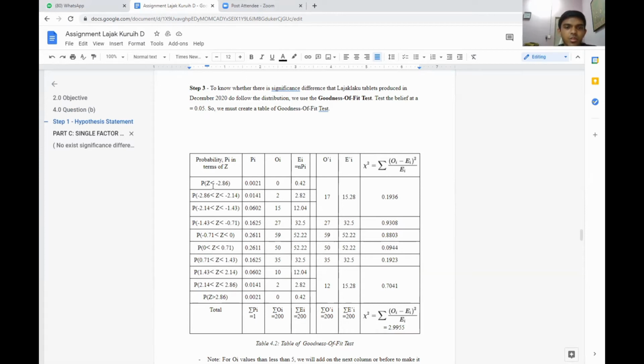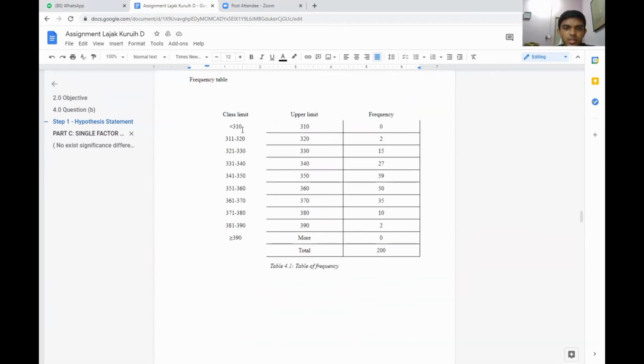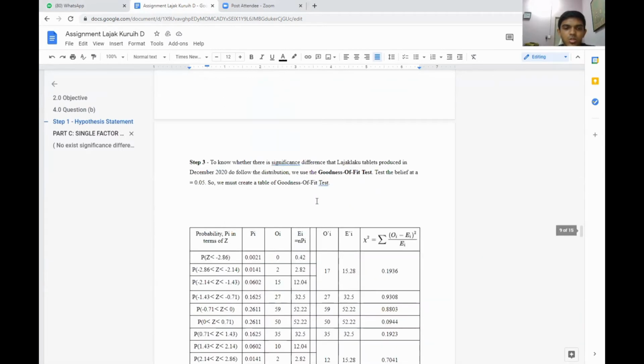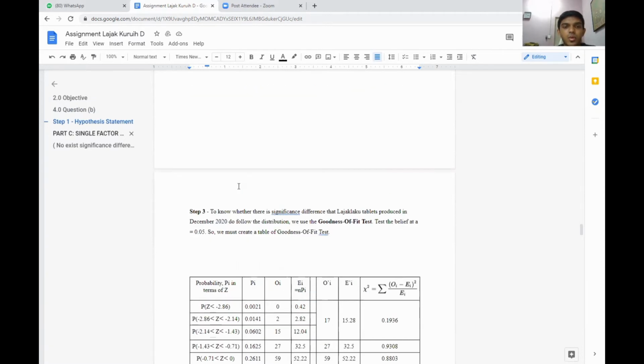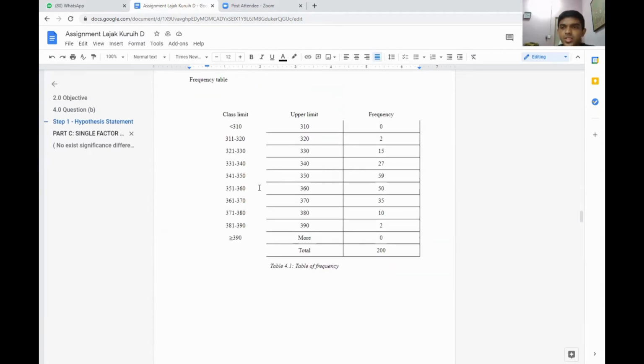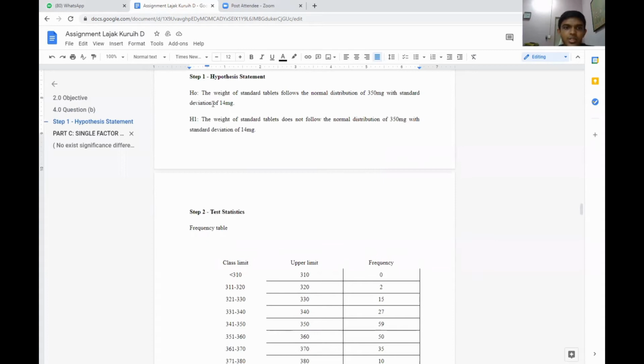Okay, so for example, this is the first row. So probability PI in terms of Z is negative 2.86, where I get this from 350, which is the mean, minus the 310, and then dividing by the standard deviation, which is 14.